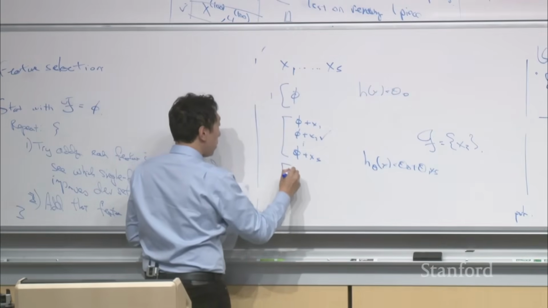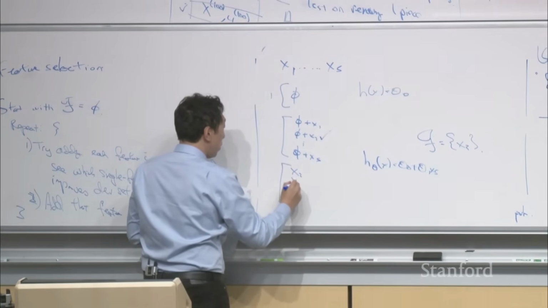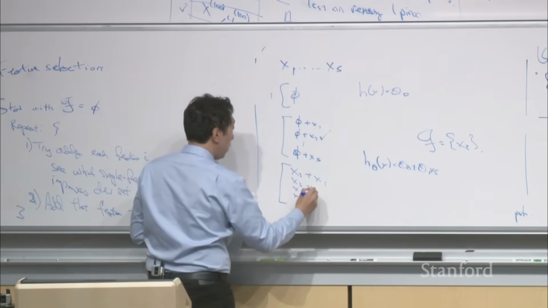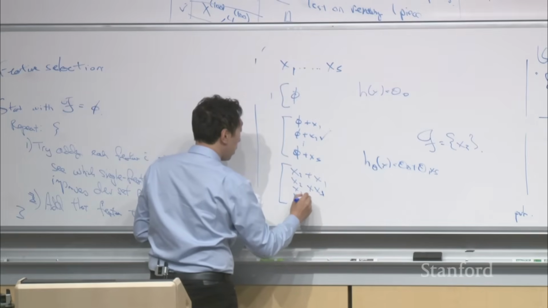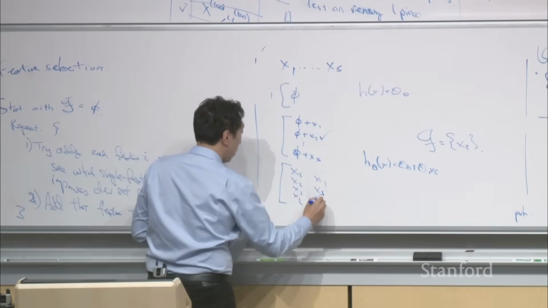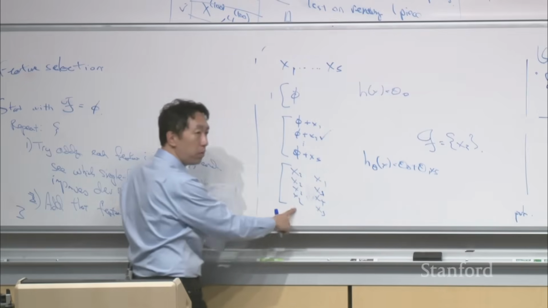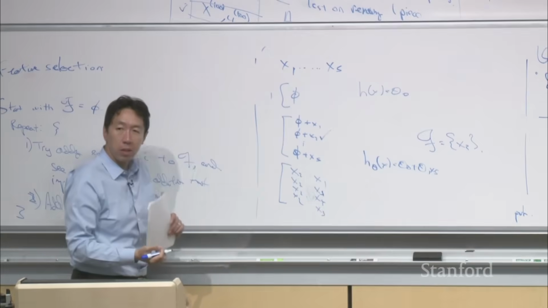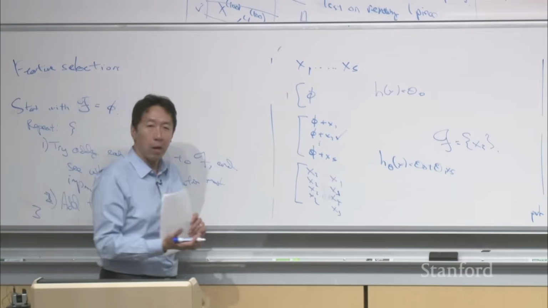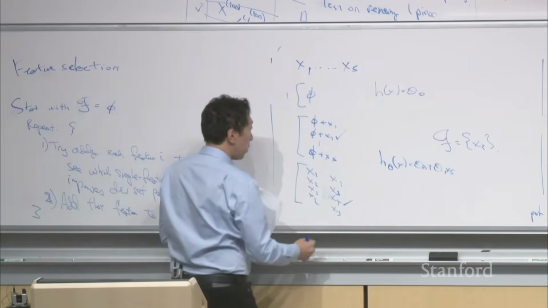For the next step, you would consider starting with x2 and adding x1 or x3 or x4 or x5. If your model is already using the feature x2, what additional feature most helps your algorithm? And let's say it is x4.